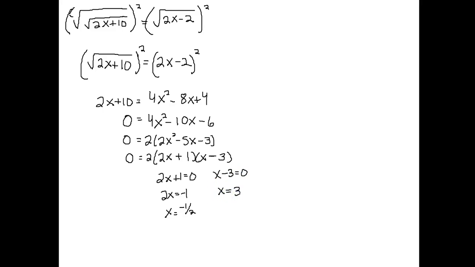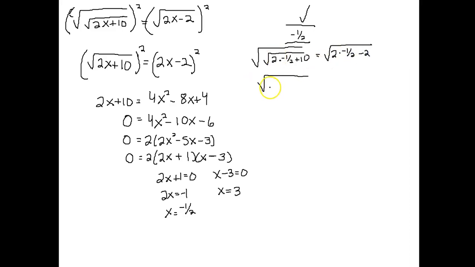So there we go, 2 potential solutions. Go back and check them. All right, let's check the negative 1/2 first. So the square root of the square root of 2 times negative 1/2 plus 10 has to equal the square root of 2 times negative 1/2 minus 2.